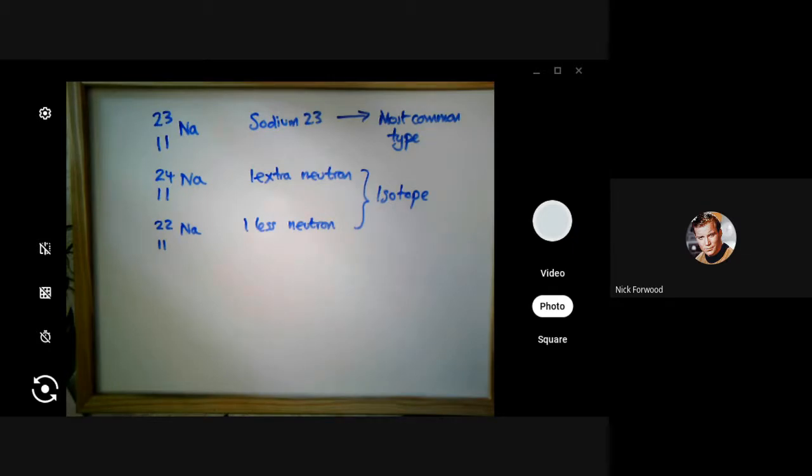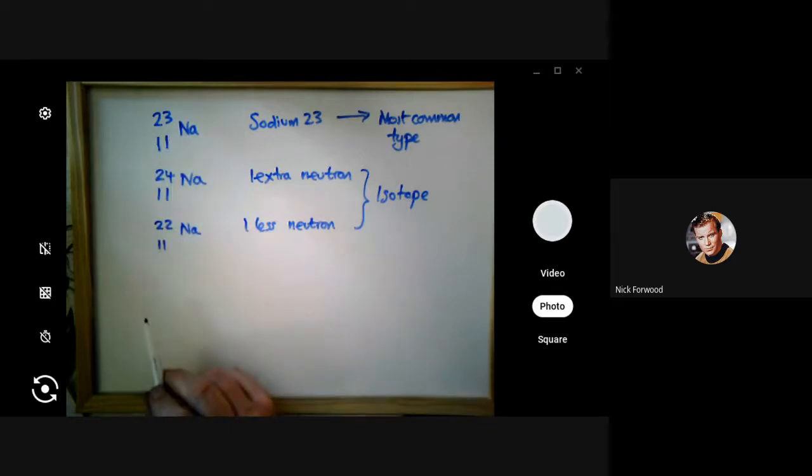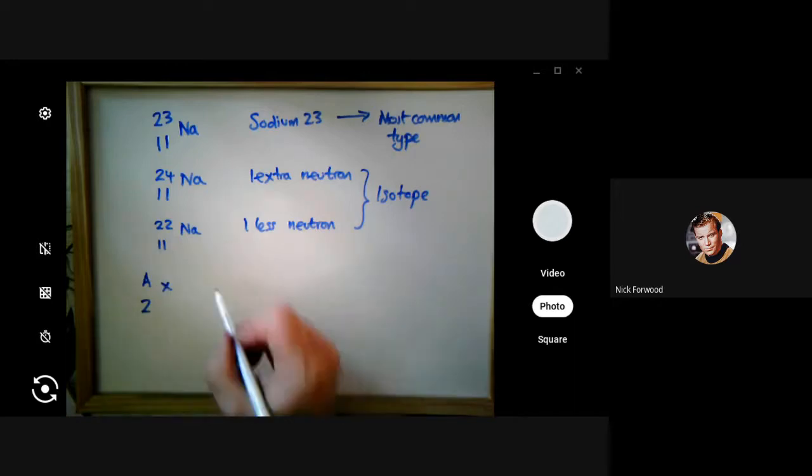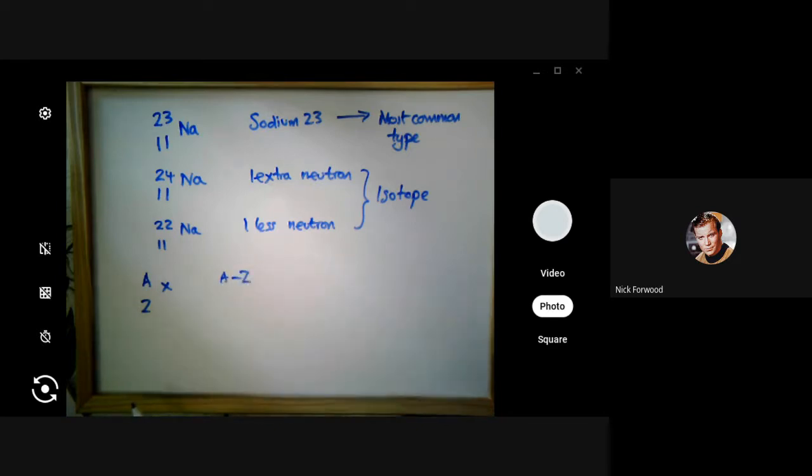So you can actually work out what's going on here if we go back and look at our standard notation. It's quite simple. Okay, Z tells you the number of protons. This sodium always has 11 protons. And if we do A minus Z for each one, we can work out how many neutrons there are.